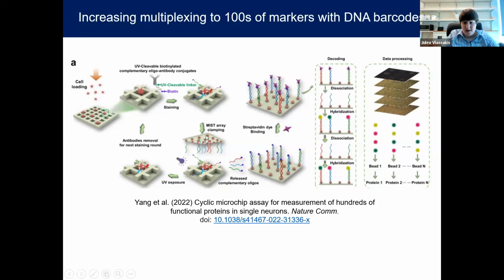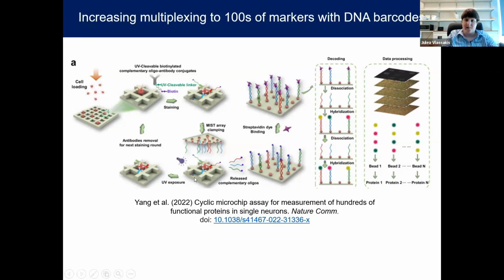These microbeads each contain unique oligos that are complementary to specific oligos that are bound to the primary antibody conjugate. And essentially, with UV light, the DNAs bound to these antibodies can be released and then collected and hybridized with the DNA-coded beads of what they call the MIST array.